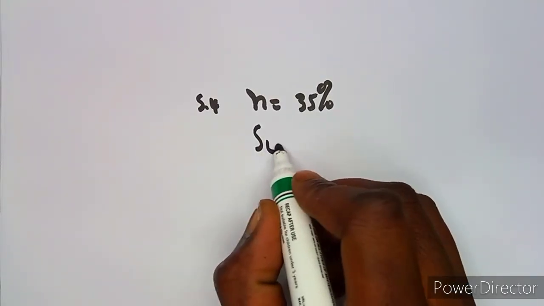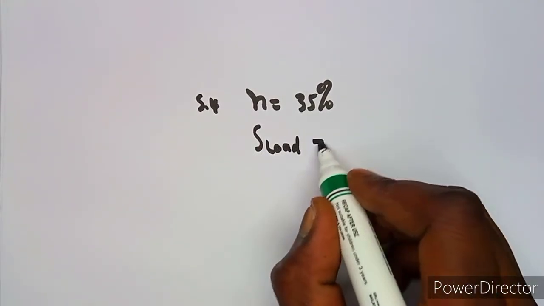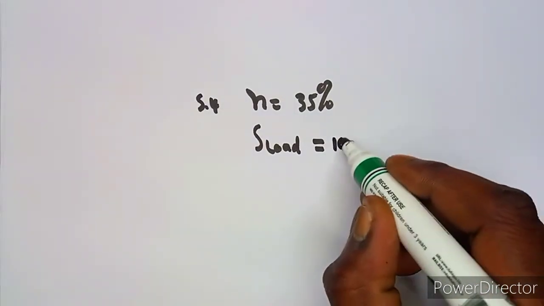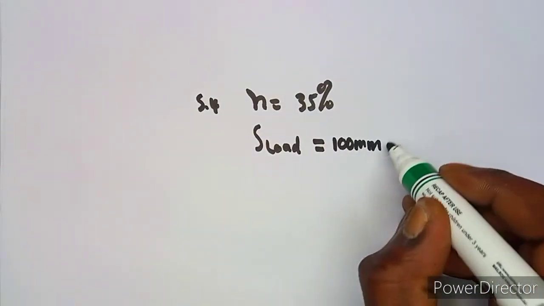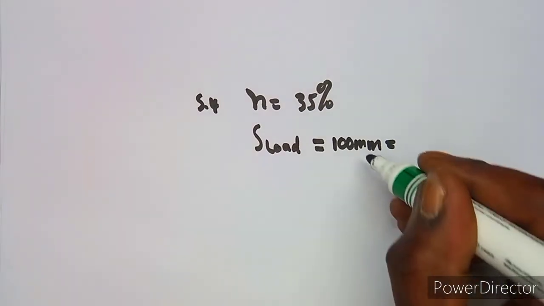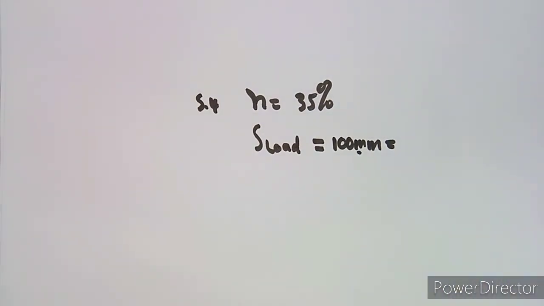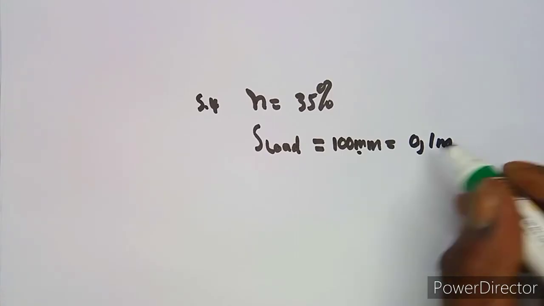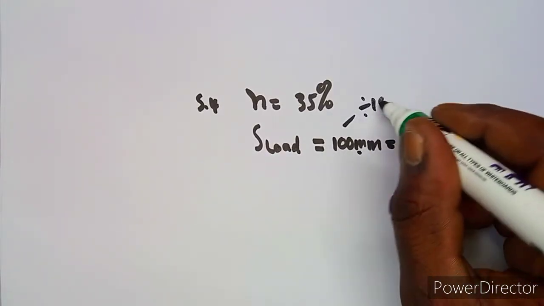So you can write S load, the distance of the load. They're given the load moves 100 millimeters. So 100 millimeters, you can convert to meters by dividing by 1000. Milli divided by 1000 gives 0.1 meters.